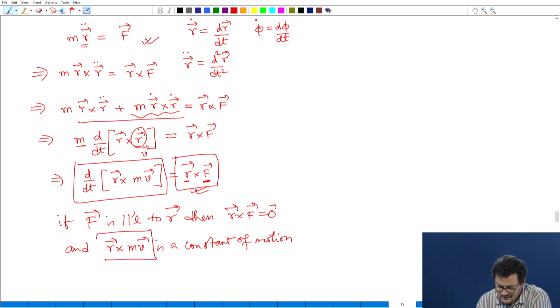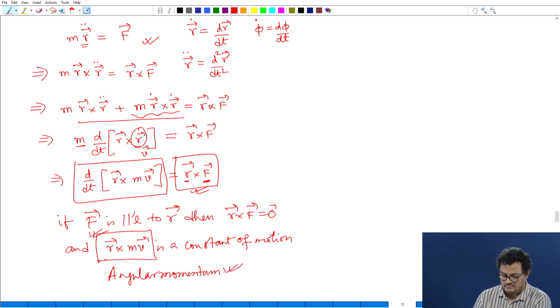This quantity is known as angular momentum. So this is another conserved quantity, and you again see that although this is a vectorially conserved quantity, it does not have time explicitly appearing. So this is also an integral of motion in a sense.